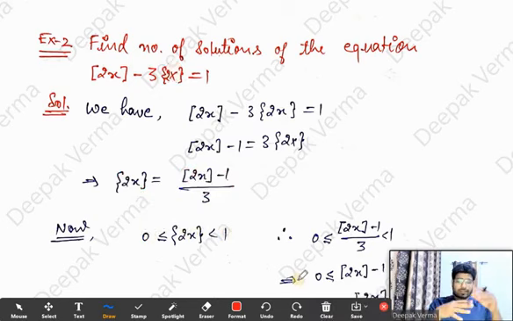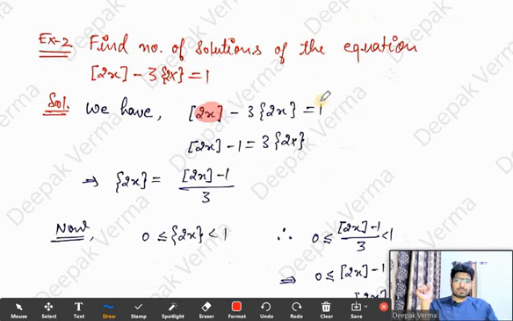So somewhere ahead while solving this question, an inequality will be introduced. Got it? So this is our line of thinking in these kinds of questions. Got it? So here box 2x minus 3 into fractional part of 2x equals to 1.